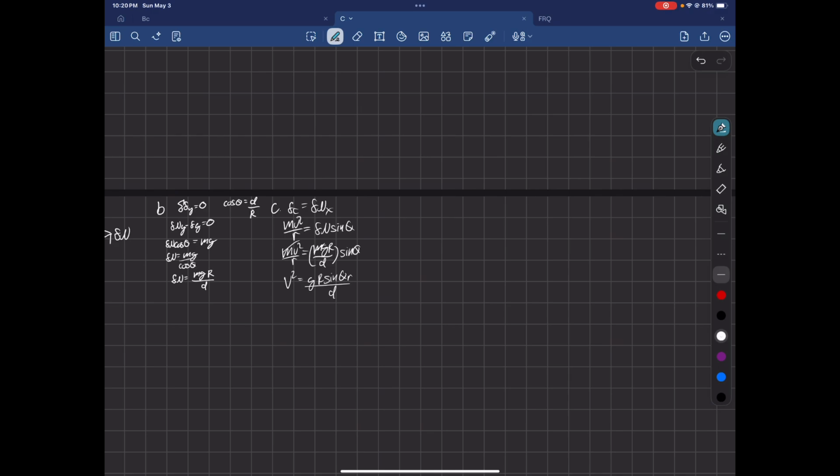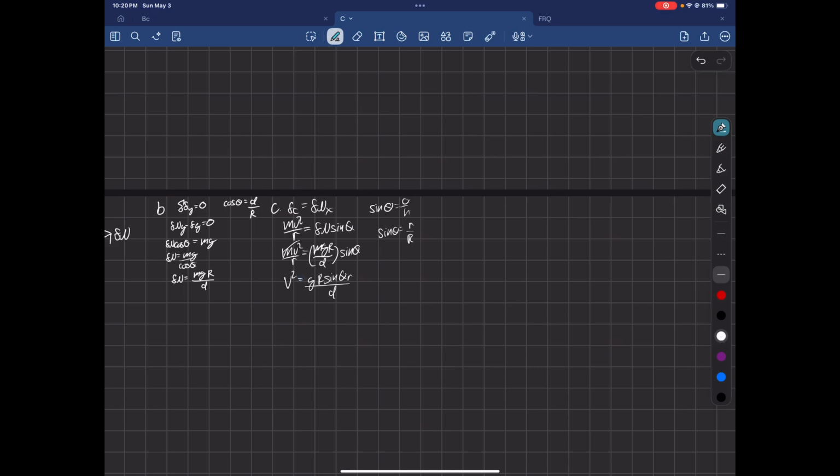There's no theta in there, so we can find that sine is equal to opposite over hypotenuse. We can just plug that in here. So the opposite would be r over r, opposite over hypotenuse.